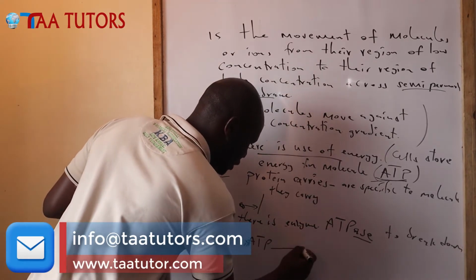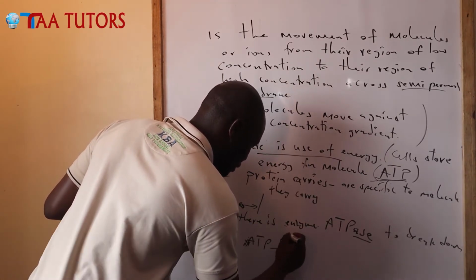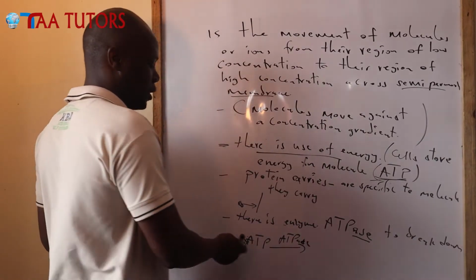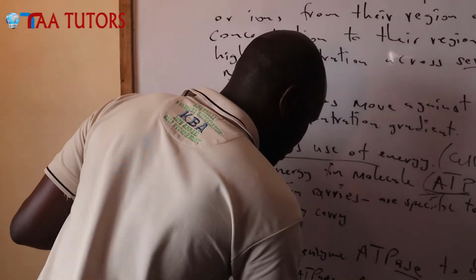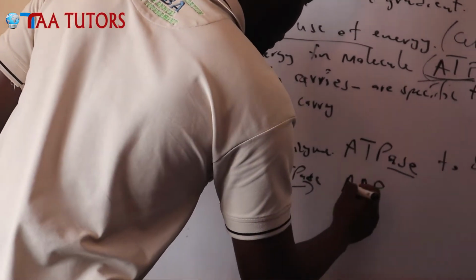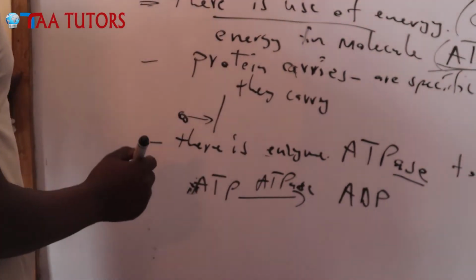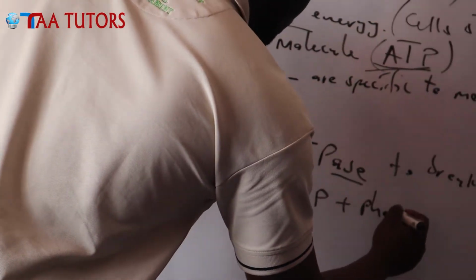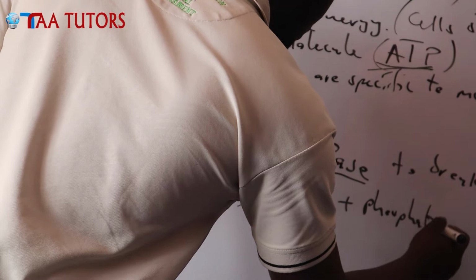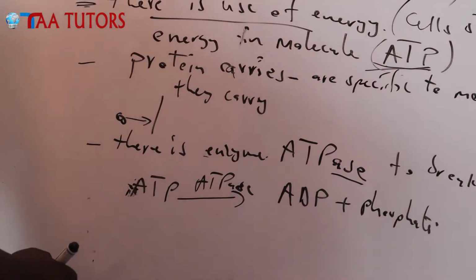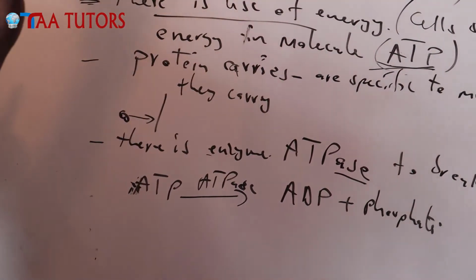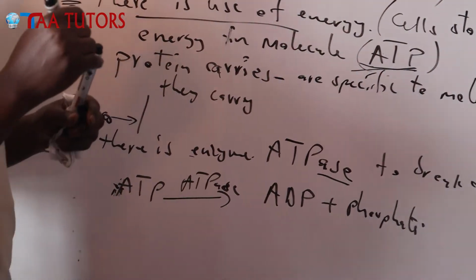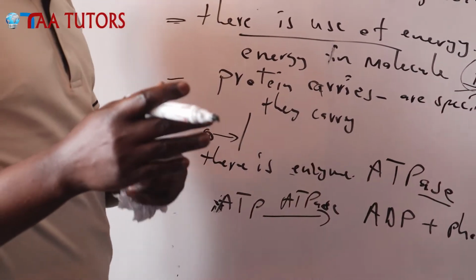If we have the enzyme ATPase here, at the end of the day we have ADP, adenosine diphosphate, and then the phosphate molecule coming out. So we have two things coming out, and energy will be given so that this energy will be used by protein carriers to carry the molecules across.